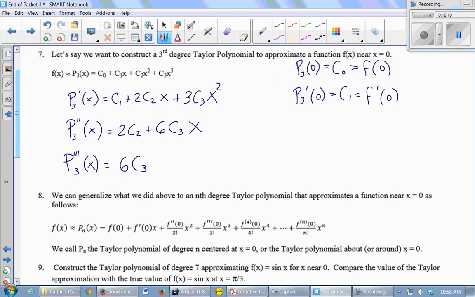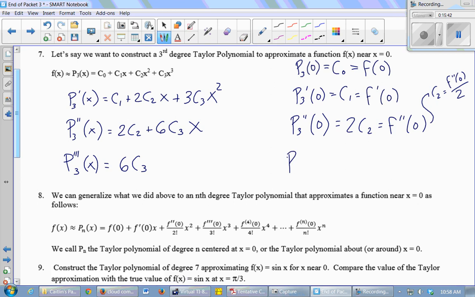I'm going to do the same thing for the second and third derivatives. So the second derivative of my polynomial at 0, when I plug in a 0 for x, I get 2c2. I want that to be f double prime of 0. And then I would solve for c2, which means c2 is f double prime of 0 over 2. Just divided both sides by 2 there to get c2.